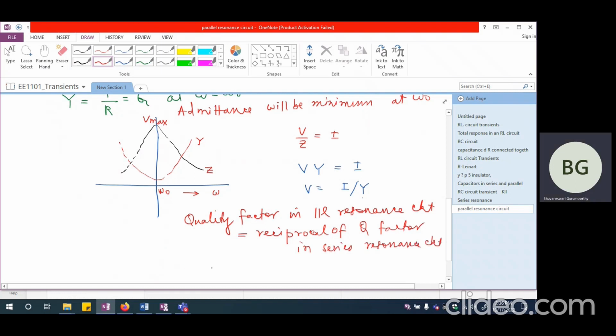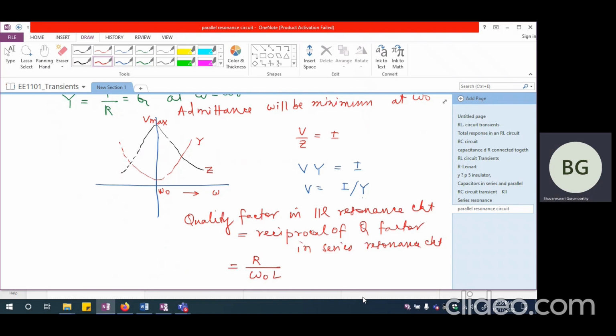So in a series resonant circuit, if we say it is omega naught L by R, this is going to be R divided by omega naught L. This is going to be the quality factor in the case of the parallel resonant circuit.